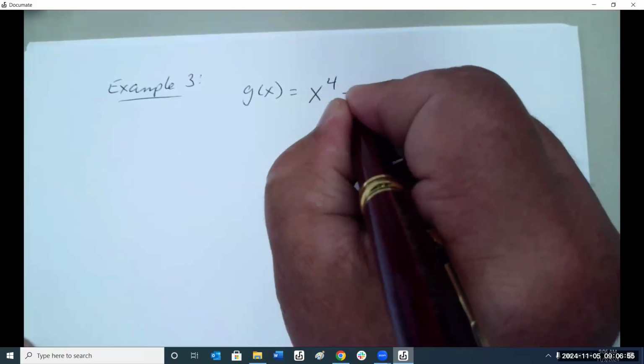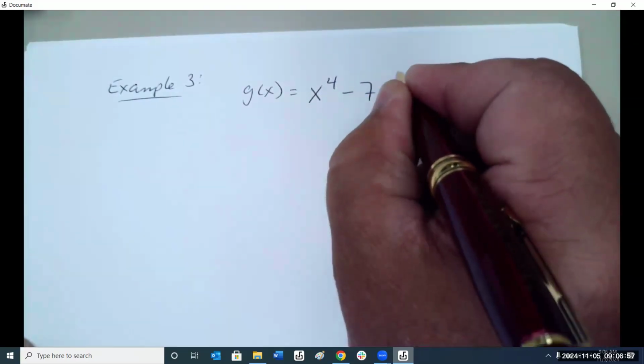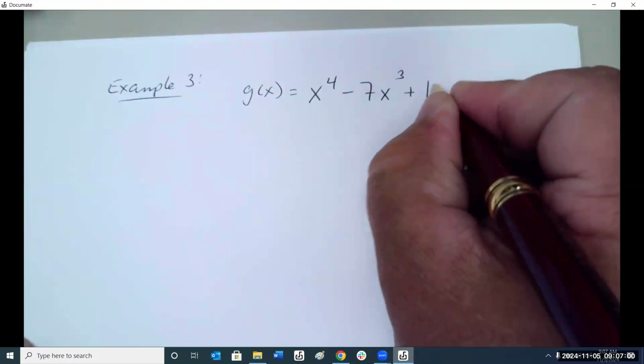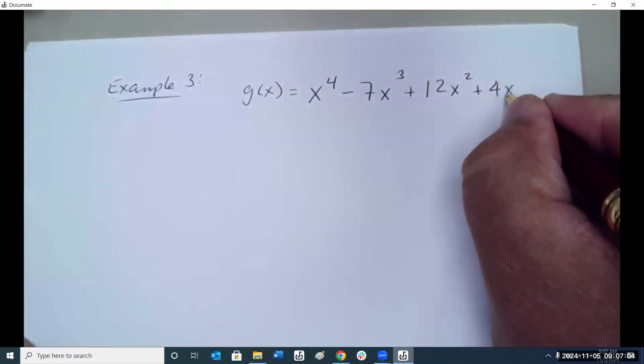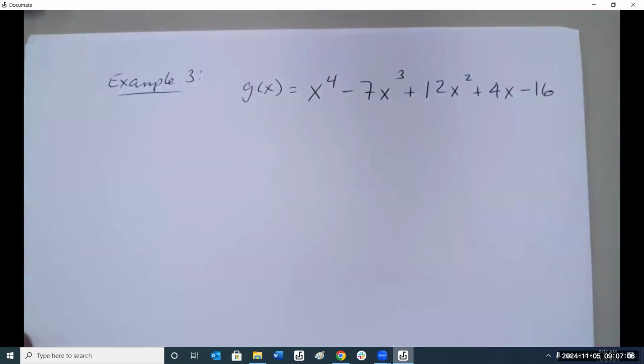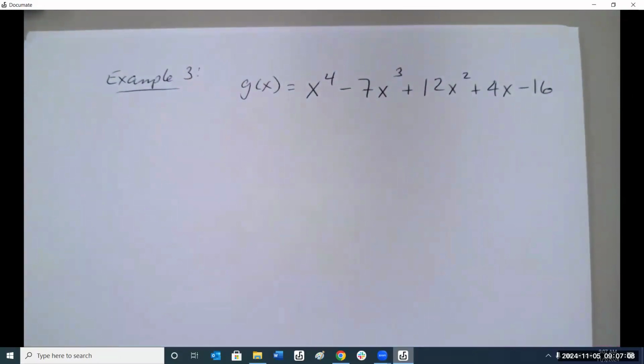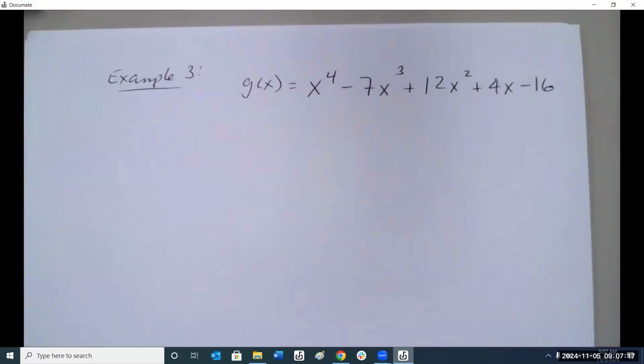X to the fourth minus 7x cubed plus 12x squared plus 4x minus 16. Okay, we can't do the grouping here because it's got too many terms.